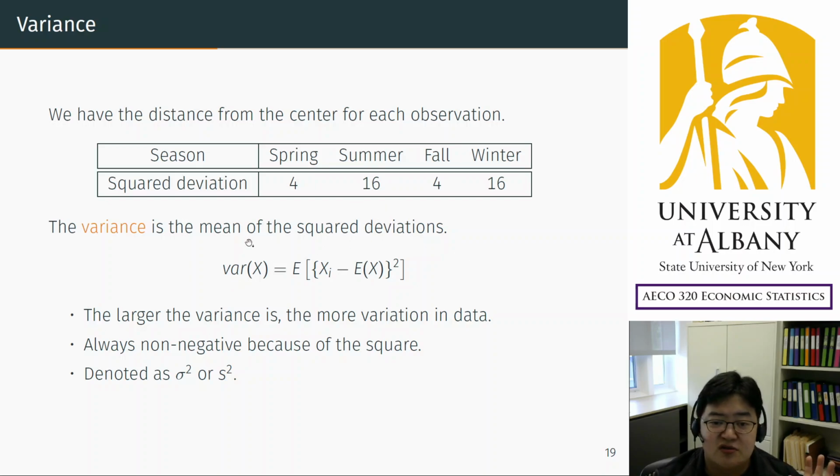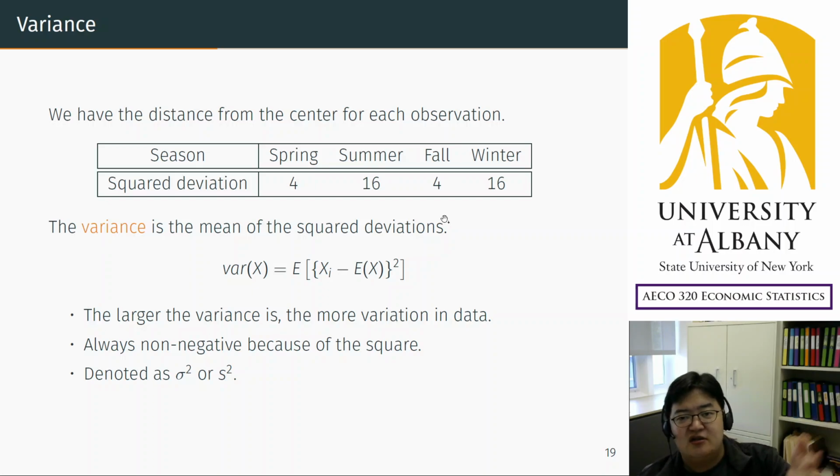So what you need to understand is, you know what the mean is. Then you just need to understand what the deviations are. Squared, you know what a square is. So if you know how to calculate the deviation, then just follow the definition. And it's intuitive. Deviation is deviation from the center, so take the difference.